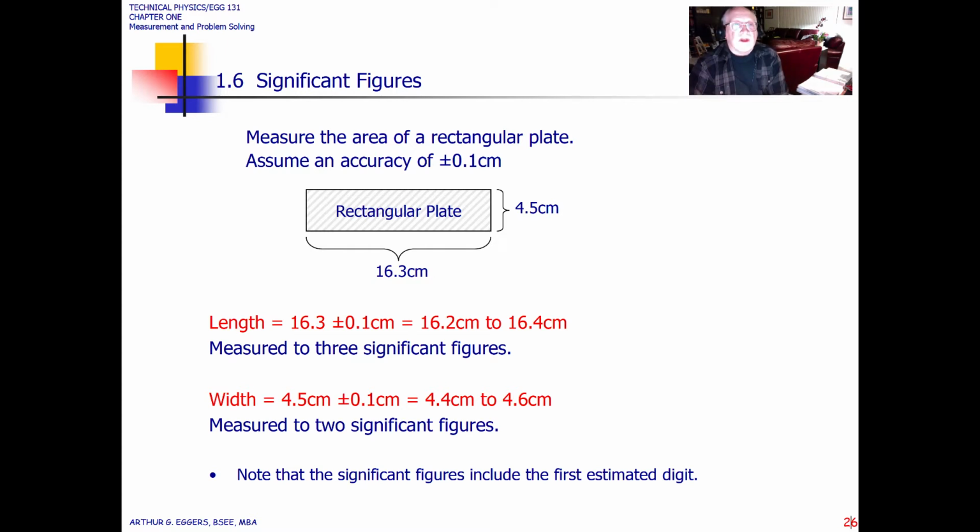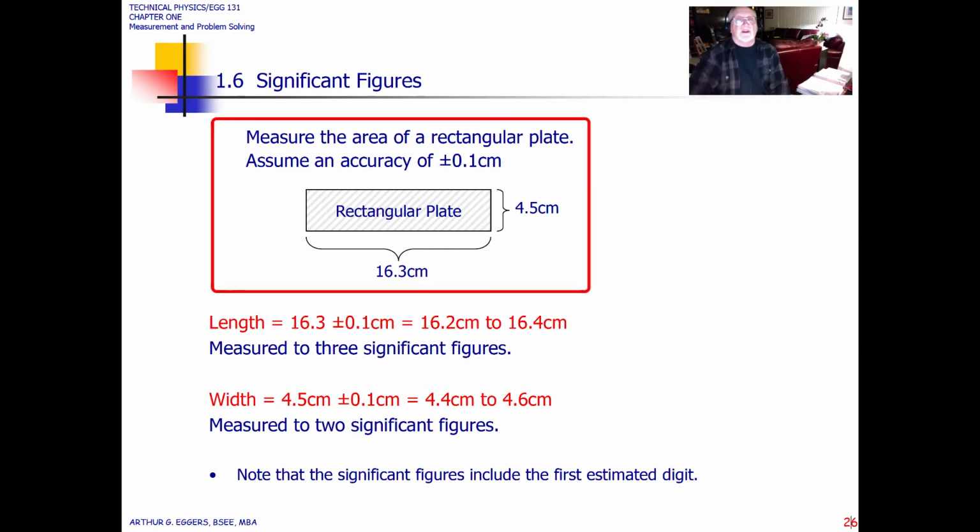We're going to measure the area of a rectangular plate. We assume an accuracy of 1/10 of a centimeter, 0.1. So if we look at the rectangular plate, we have on the long side 16.3 centimeters. On the short side, we have 4.5 centimeters.